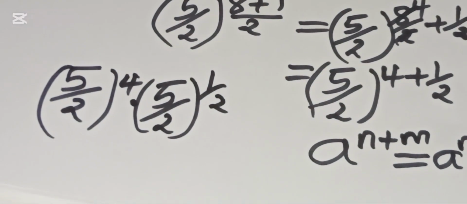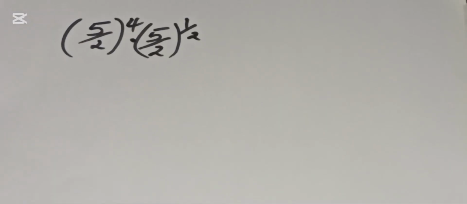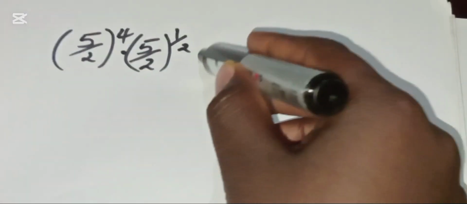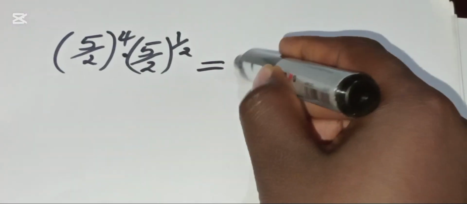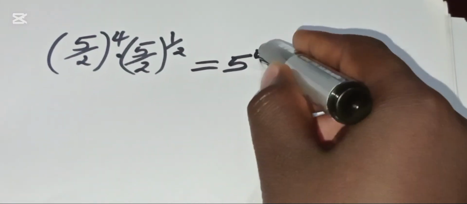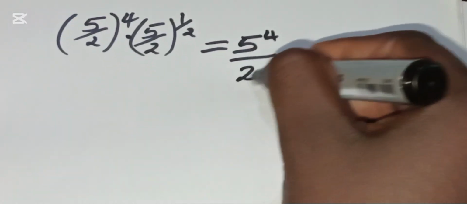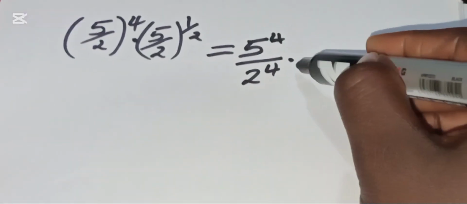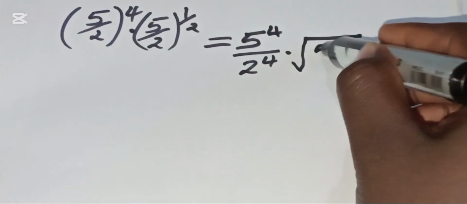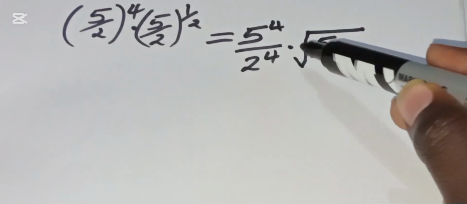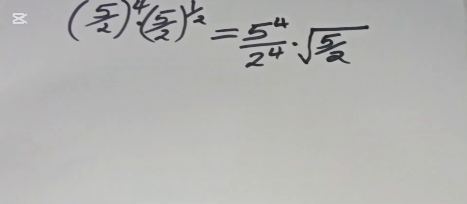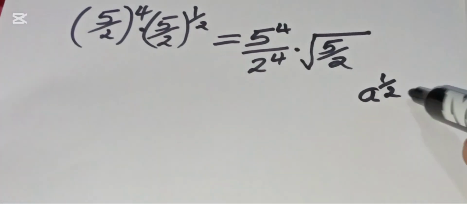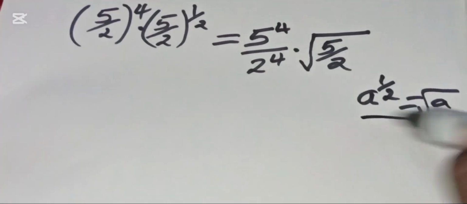This is the same thing as 5 raised to power 4 divided by 2 raised to power 4 multiplying by the square root of 5 over 2, okay? The reason we are writing a square root of 5 over 2 is that if you're given a raised to power a half, this is the same thing as the square root of a, okay?